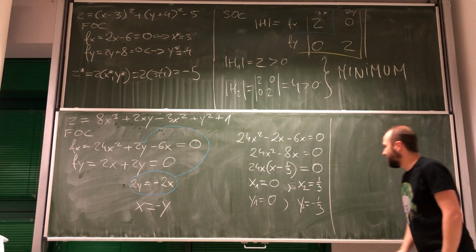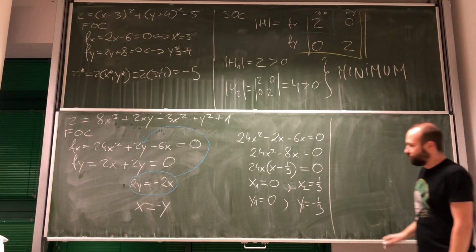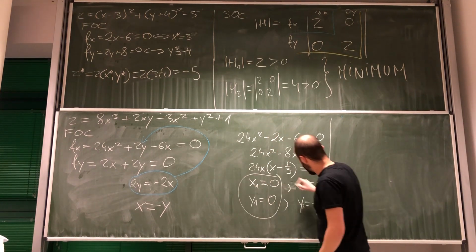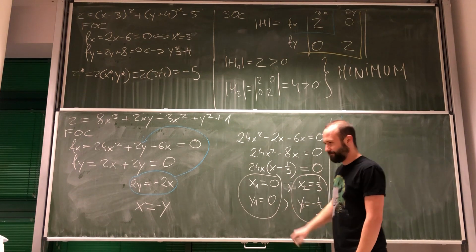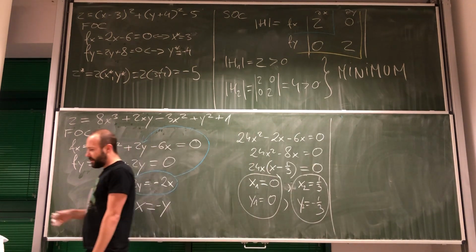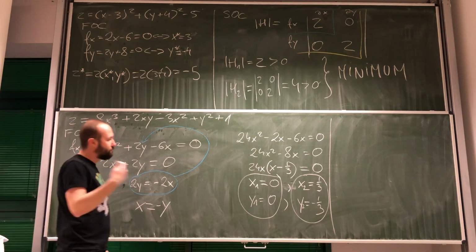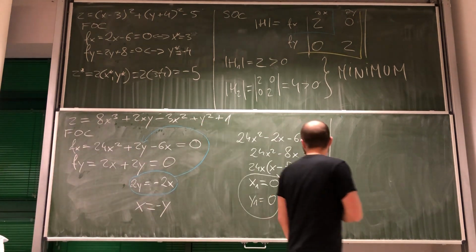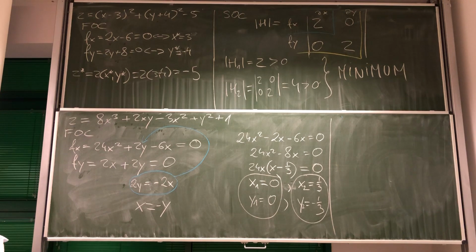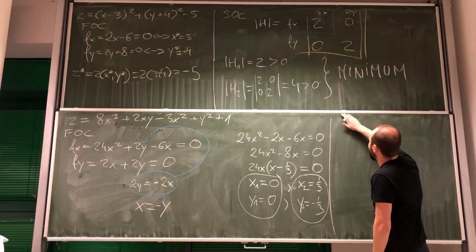Okay, and look, those two pairs of points are actually our candidates for maximum or minimum. So now to decide which one is which, again we need to resort to the second order condition.